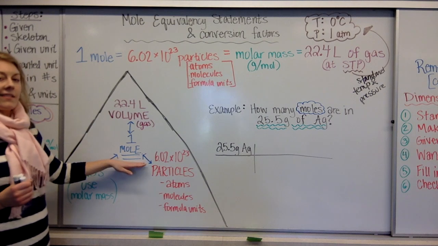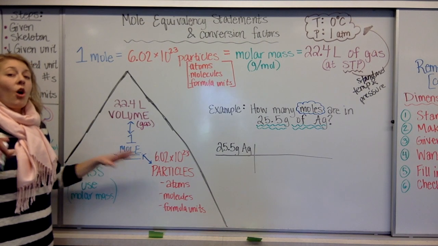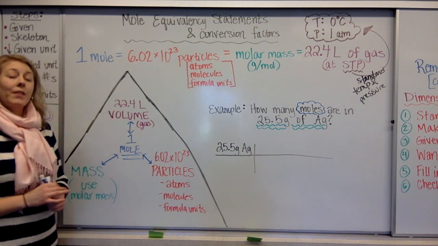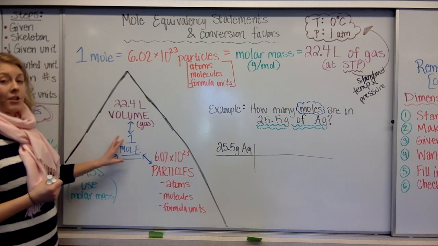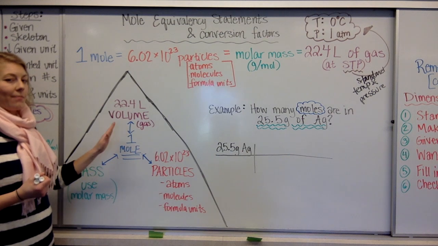What you notice is that in the middle of this is 1 mole. 1 mole is the center of our world right now. No matter what we're converting to or from, we're going to use 1 mole. So everything revolves around this mole.